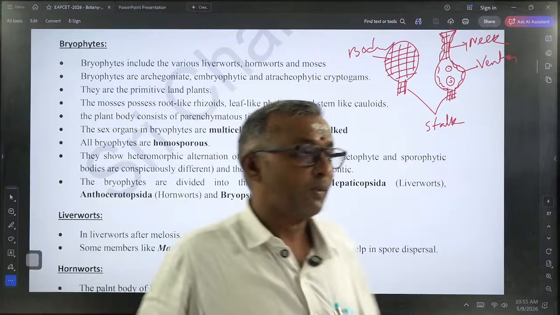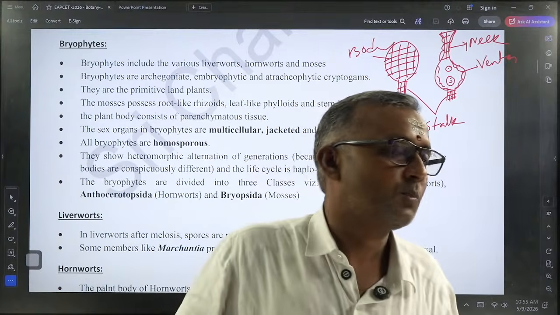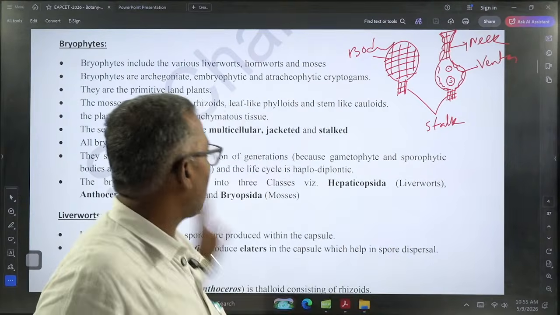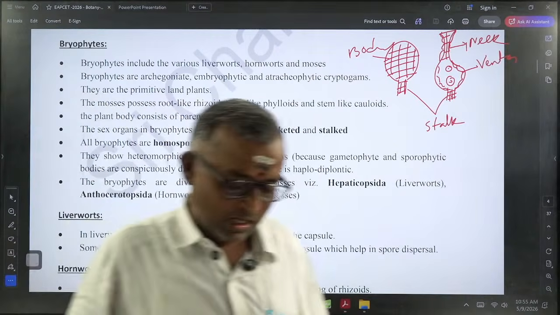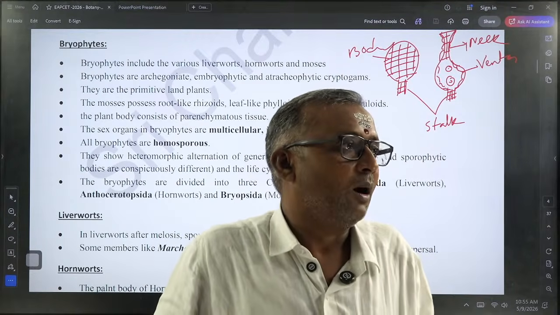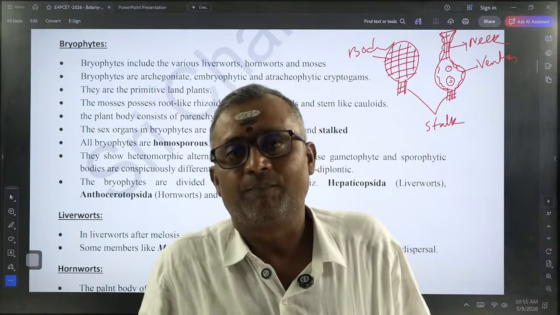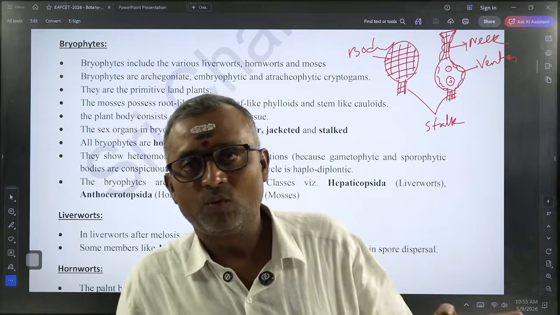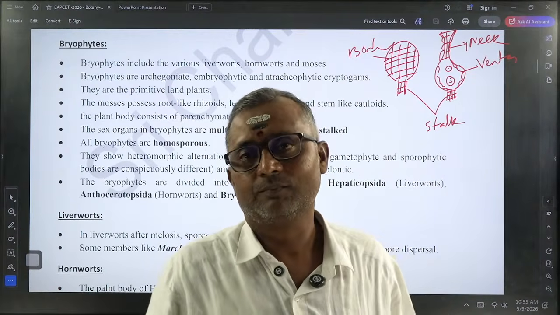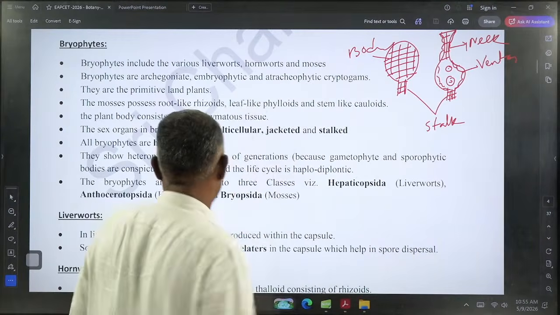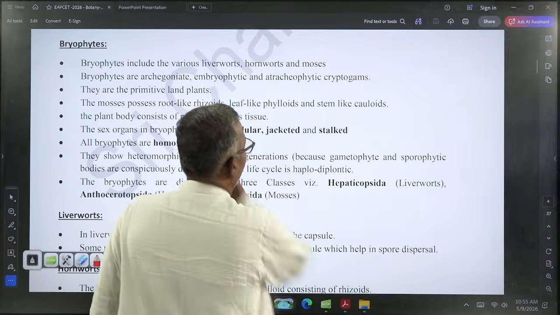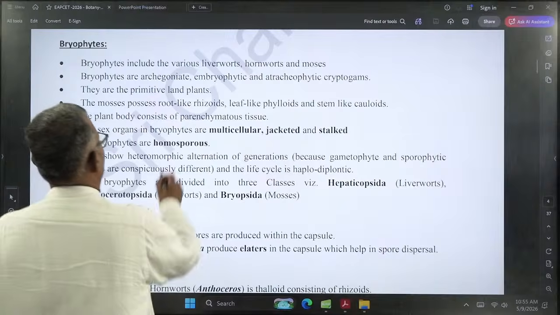And one more important thing, all bryophytes are homosporous. Understood? That means they produce only one kind of spores. And another most important thing, they have heteromorphic alternation of generation. That means their gametophyte and sporophyte are morphologically different. Remember heteromorphic. So what do you mean by heteromorphic? Gametophyte and sporophyte are morphologically different.